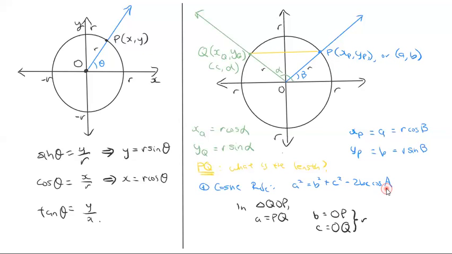Well, firstly, what does A represent, Jocelyn? What does capital A represent in our example here? It's the angle. It is an angle, but which angle?